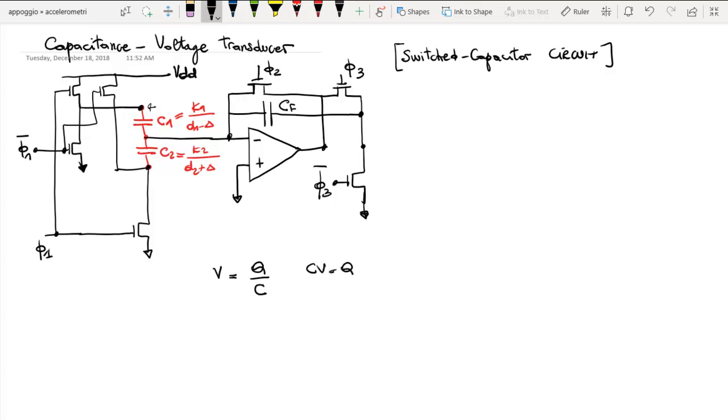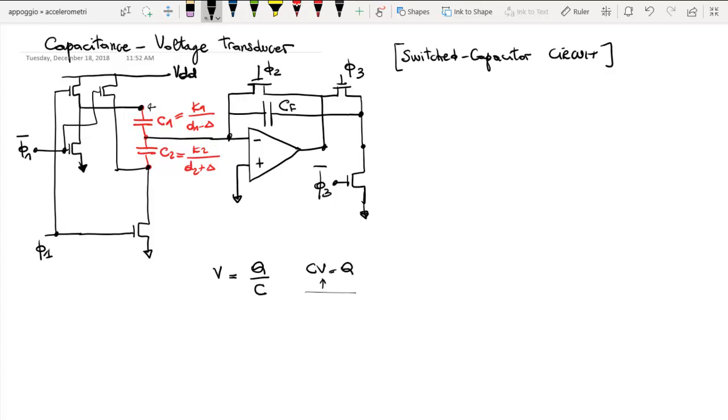So if we take a capacitance and we apply a known voltage onto the capacitance, we are putting on the capacitance a charge that is proportional to the capacitance. Okay? If V is known, Q is proportional to C. And V is just the proportionality constant. So this means that a variation of capacitance, if we use this mechanism, becomes equal to a variation of charge.